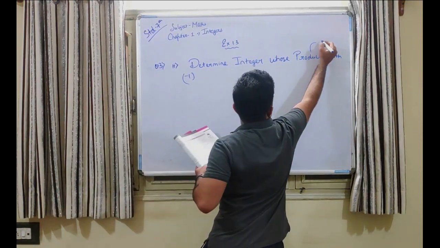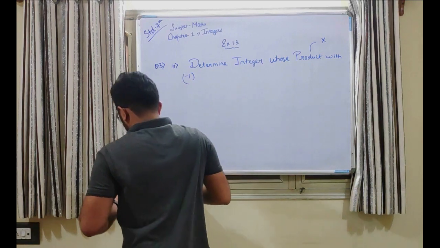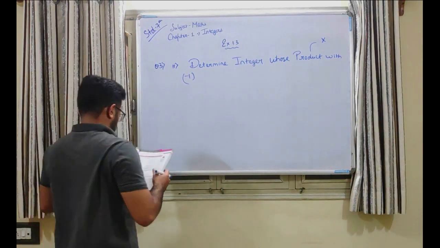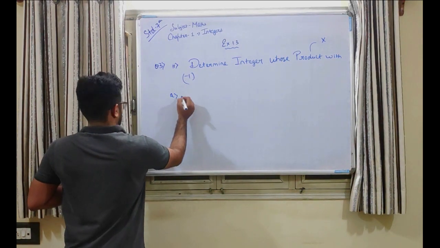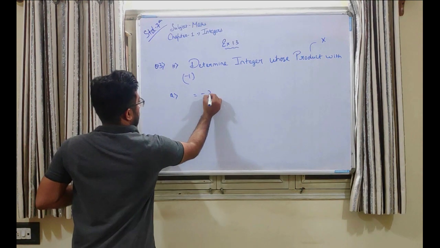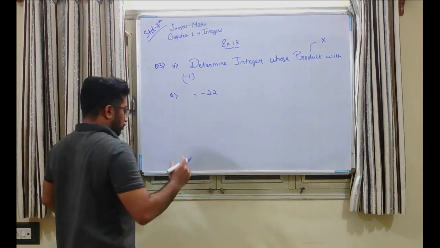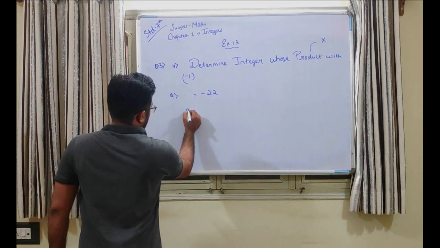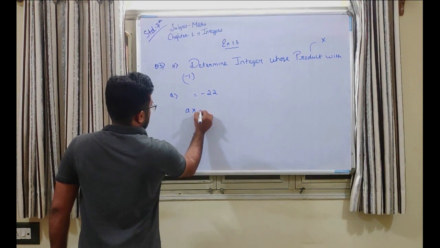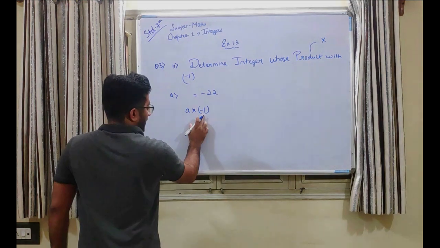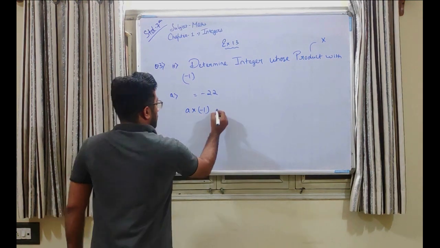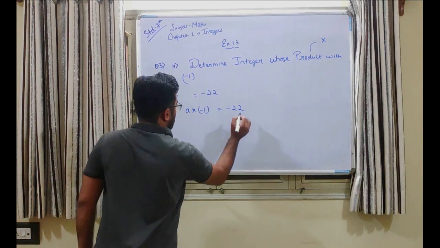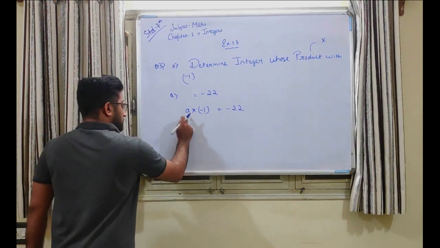Product means multiplication. So what the question asks is, you have two numbers, that is minus 1 and an unknown number, and their answer is minus 22. So which is this number?